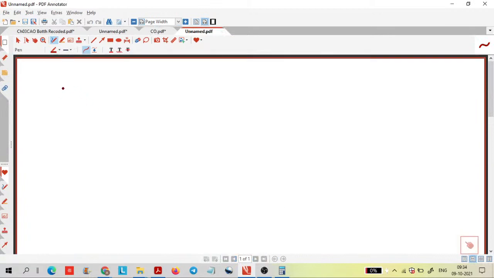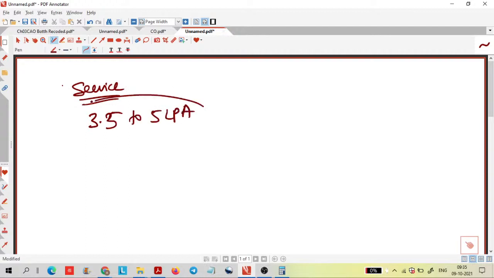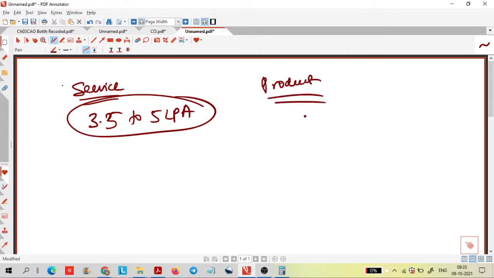The service based companies that come to the campus pay around 3.5 to 5 LPA. If you go to a product based company, it is more than 5 LPA.